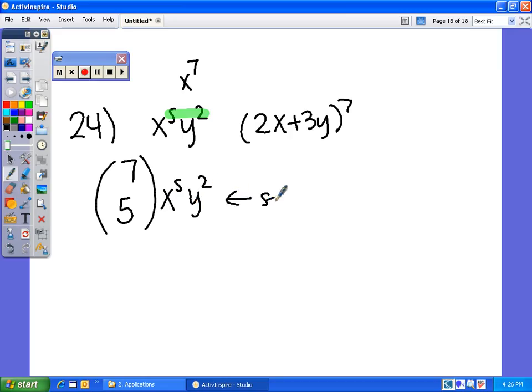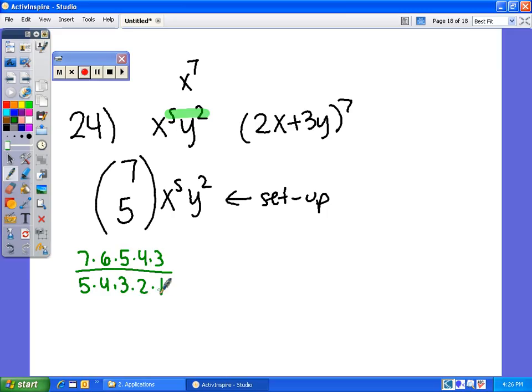So this again is the setup. Now if you want to do the choose by hand, you can write out the first 5 numbers after 7 counting down. So 7, 6, 5, 4, 3. There we go. And we're going to divide them by 5 counting down all the way to 1.